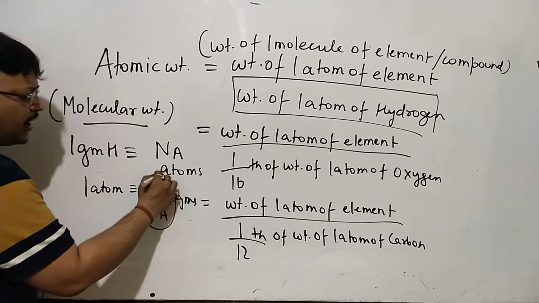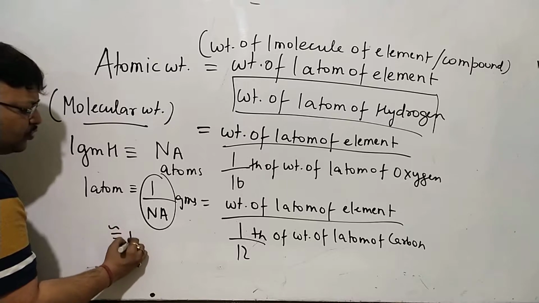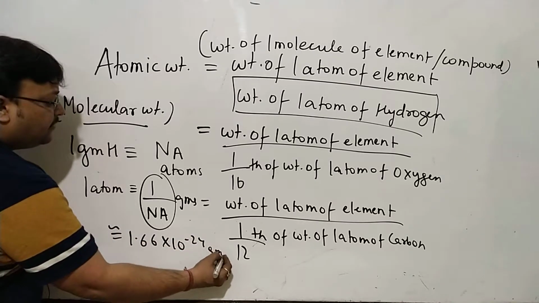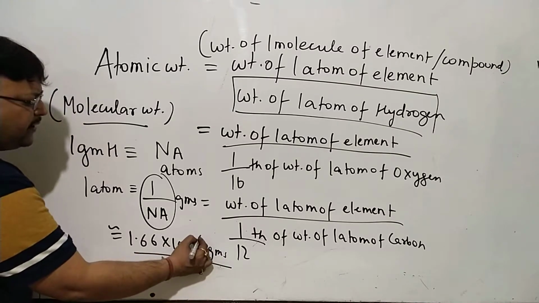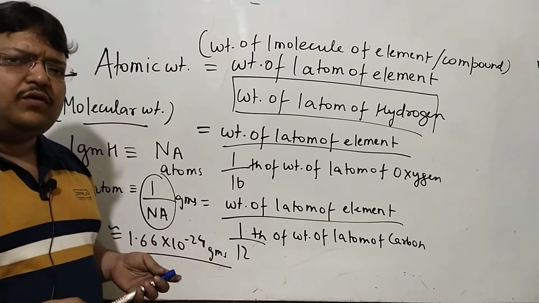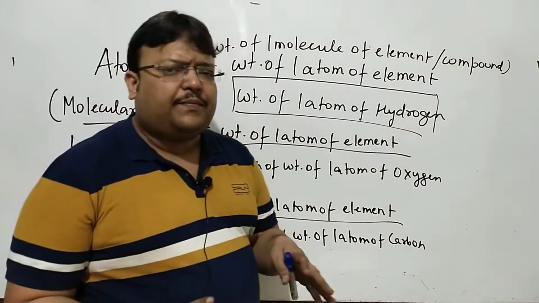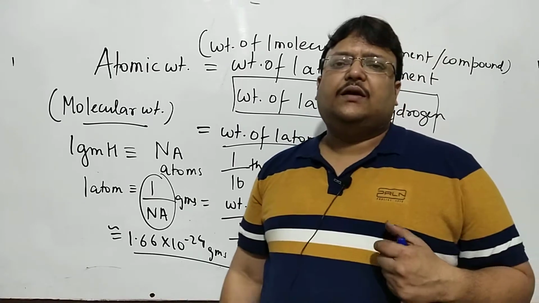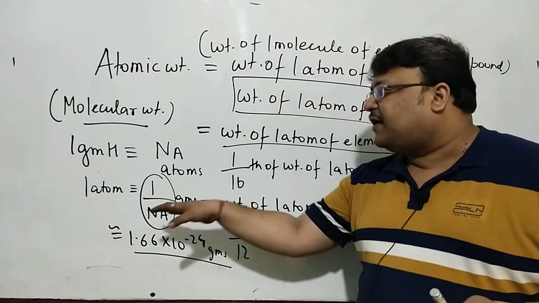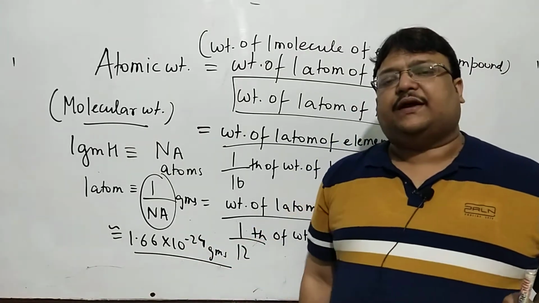This is 1 upon Avogadro number, which is almost equal to 1.66 into 10 to the power minus 24 grams, and is called AMU. 10 to the power minus 24 grams is a very small value, but it's a reference. This would be called atomic mass unit. We'll come to it when the time is right.